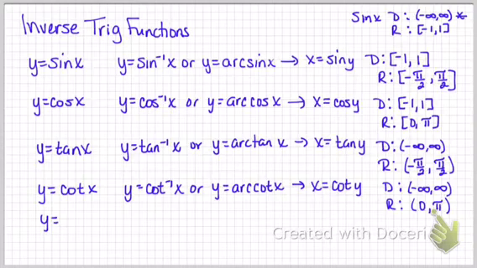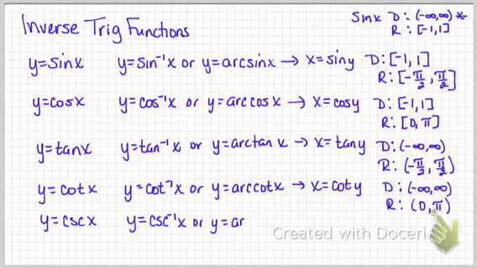Then we have y equals cosecant of x, which the inverse is written as y equals the inverse cosecant of x, or y equals arc cosecant of x, which just means we're going to switch our x and y, so x is equal to the cosecant of y.